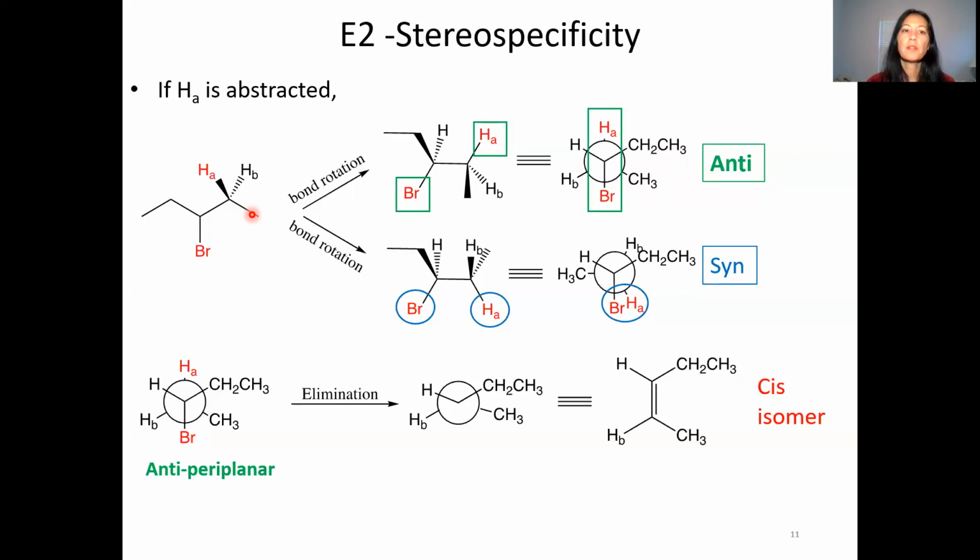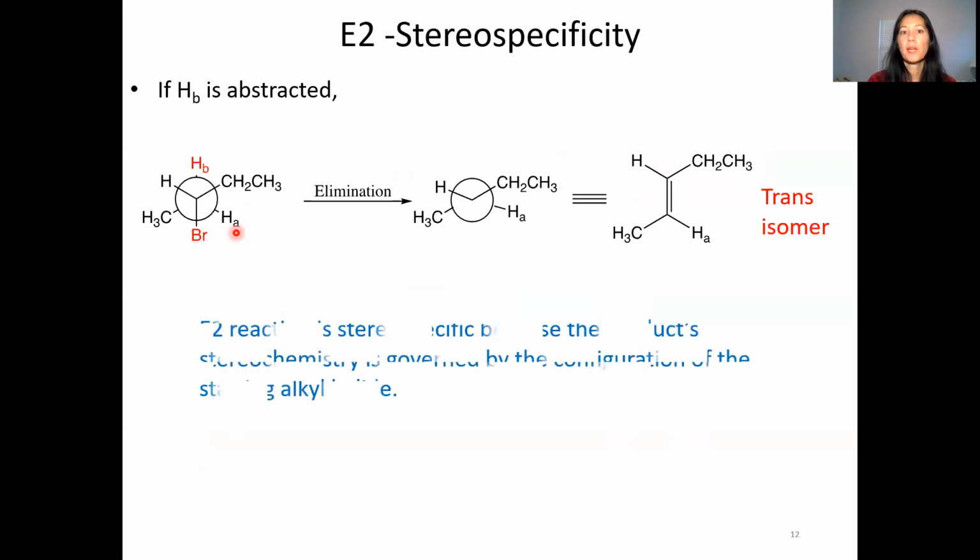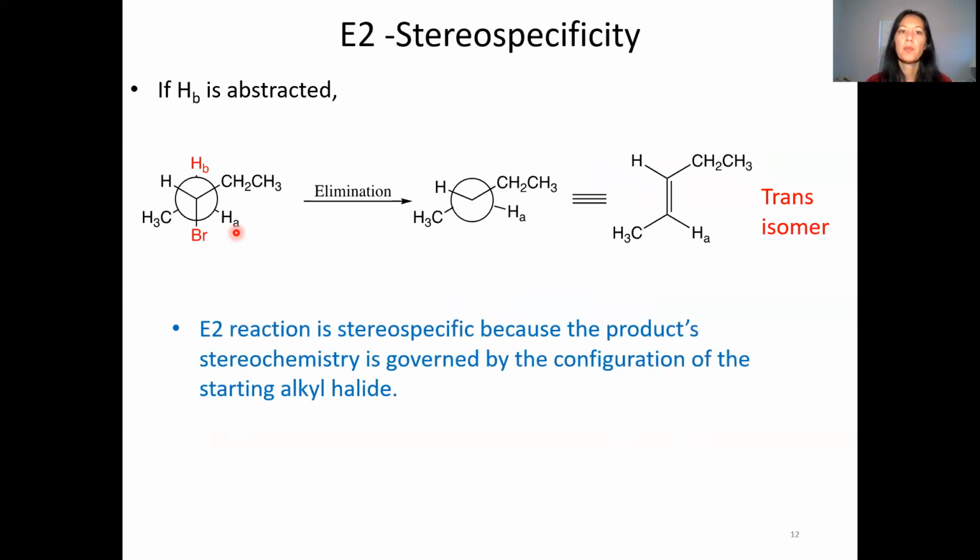We are going to look at some examples where there's only one H in the right orientation, or simply only one H, then in that case, only one type of alkene can be formed if it can get anti-periplanar. Okay, so we say this is stereospecific because the product stereochemistry is governed by the configuration, or you could think about it, the geometry of the starting alkyl halide.